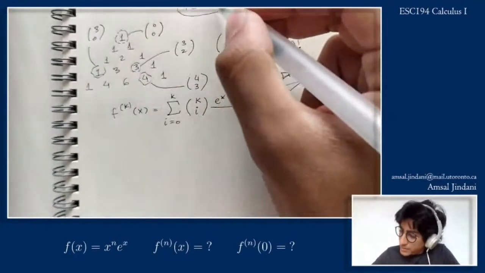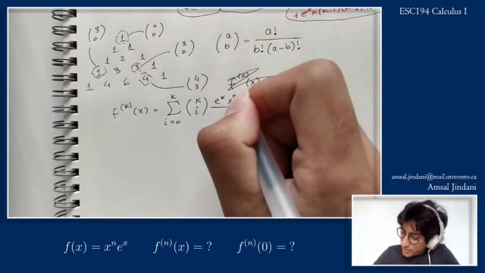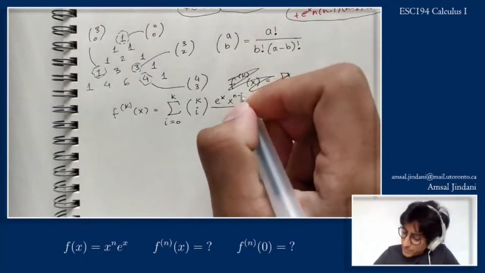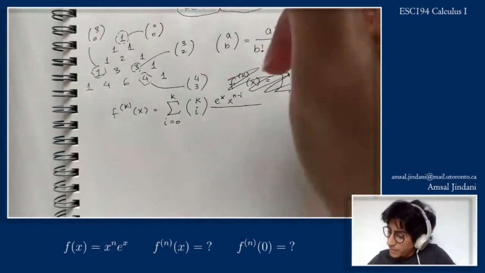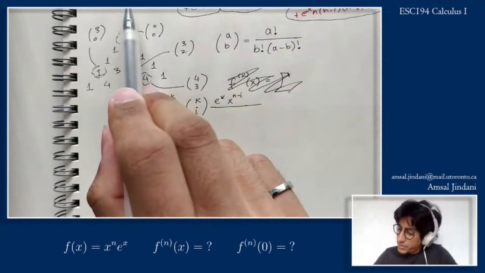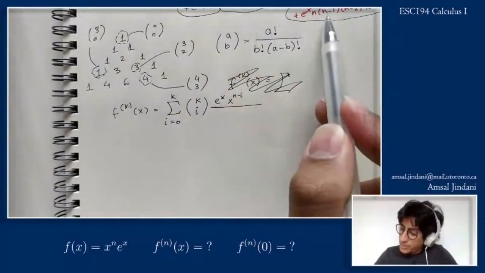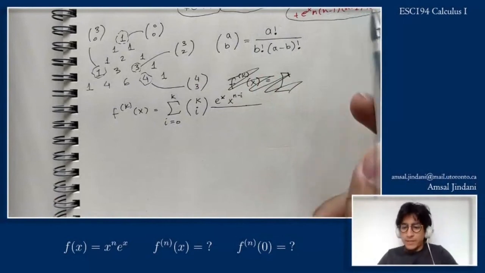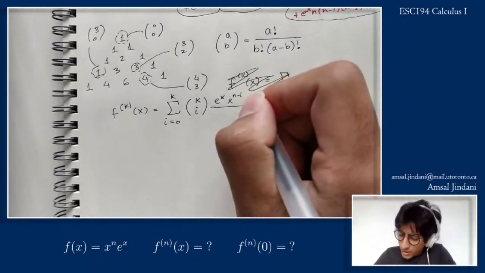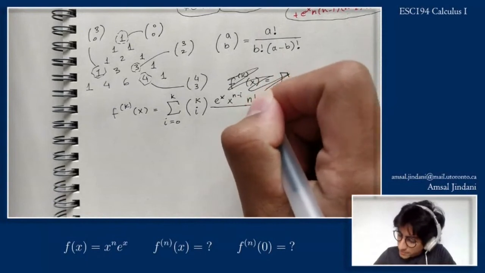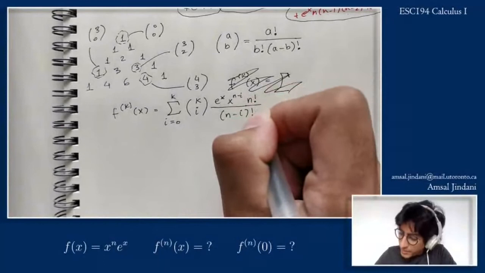The power of x is decreasing, so x to the n minus i. And do you see how it goes from there's no n here, then we have n, then n times n minus 1, and then n times n minus 1 times n minus 2? So it's kind of like a factorial, but backwards. The way we can achieve that is by having n factorial divided by n minus i factorial.